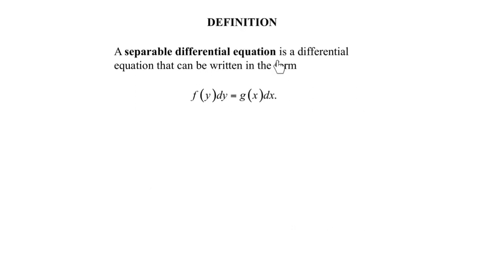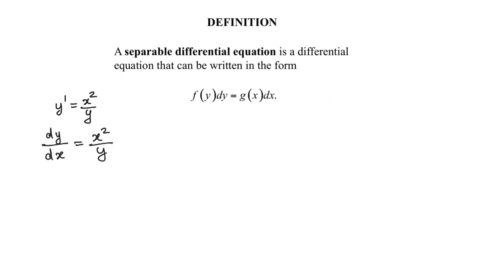Separable differential equation. That means a differential equation which can be written in this form. That means all the y on one side and x's on the other side. For example, y prime equals x squared over y. This is a separable differential equation because y prime we can write as dy over dx, and x squared over y.